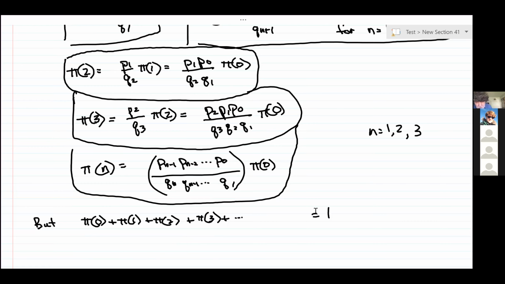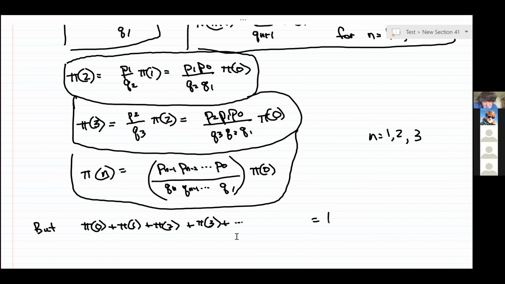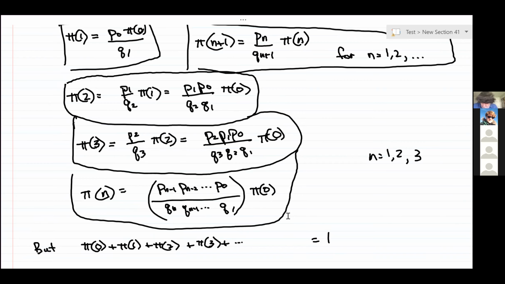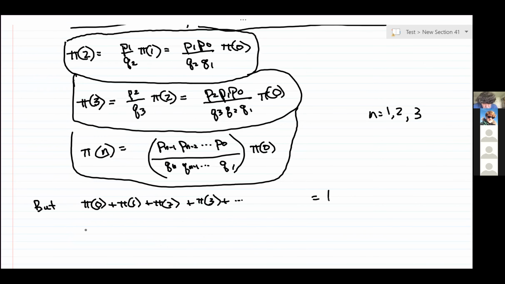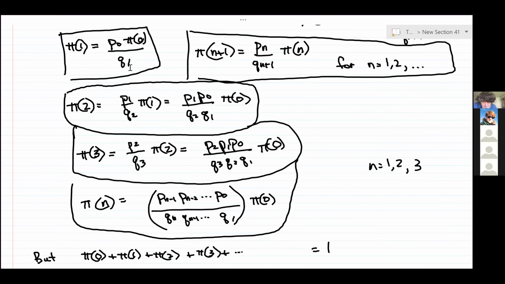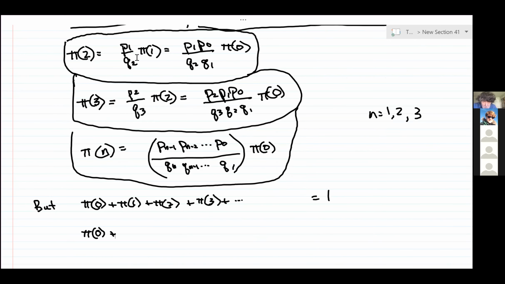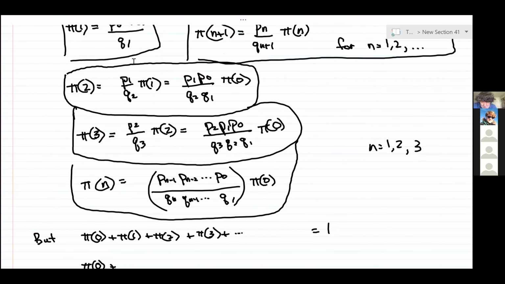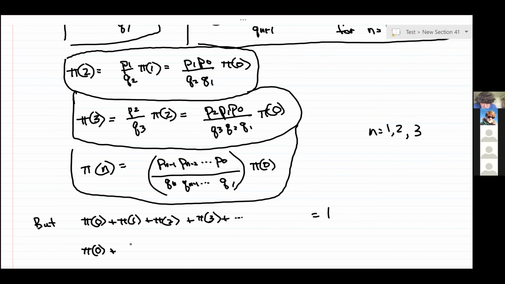The pi is a distribution, which means its probabilities add up to 1. So if I add pi 0 to pi 1, but pi 1 is this guy, P0 over Q1 pi 0. Let's see if I can remember that. P0 over Q1 times pi 0.